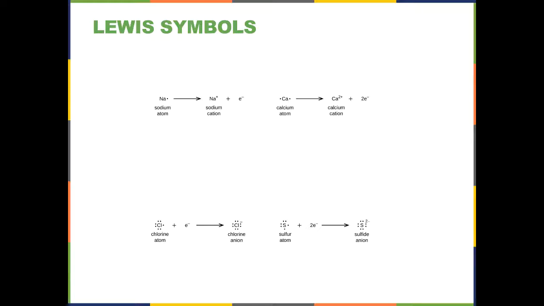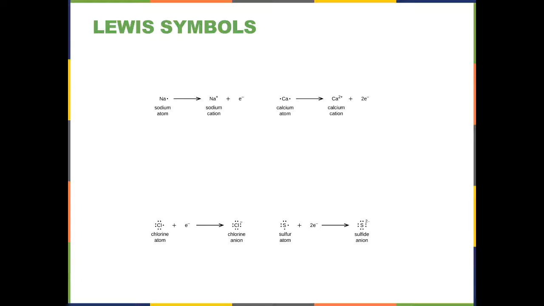Conversely, if you look at the Lewis symbol for chlorine, chlorine has 7 valence electrons, so it's the symbol Cl with the 7 dots around the outside. And then if you add the electron, presumably from the sodium above, then the chlorine anion is formed with 8 dots and a negative charge. Now remember, sodium with a plus sign, the underlying shell of electrons is happy at 8, but you don't show that.